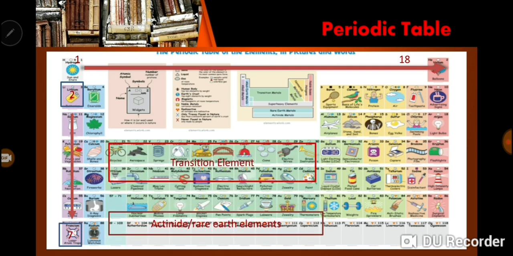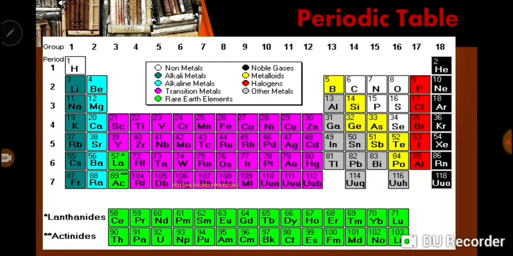Groups 3 to 11 are called transition elements, and below the transition elements are the lanthanides and actinides. Elements in the same group have the same characteristics and the same behavior.